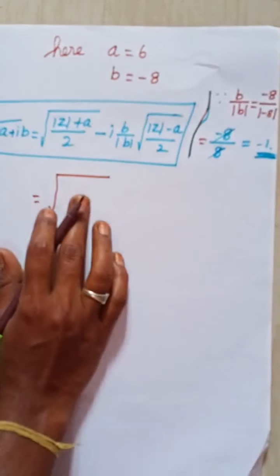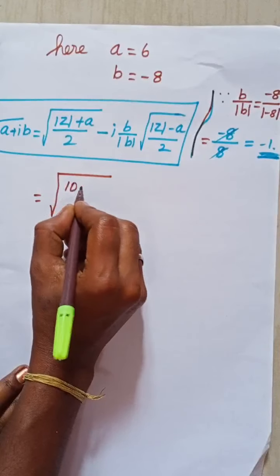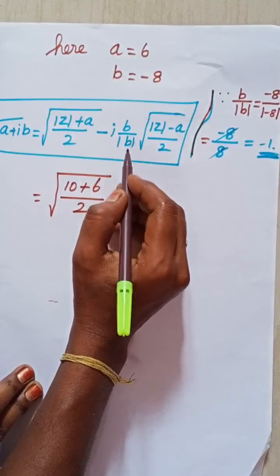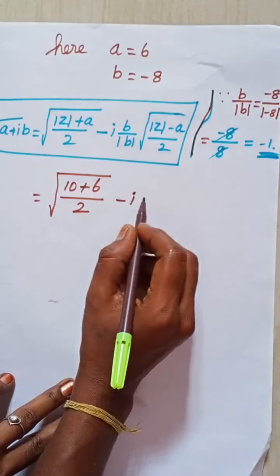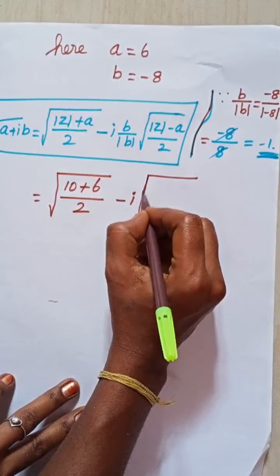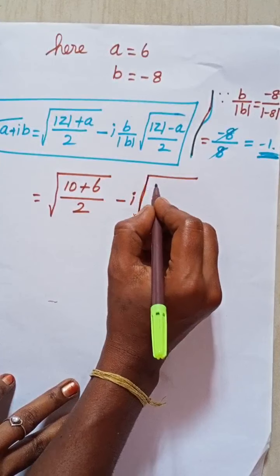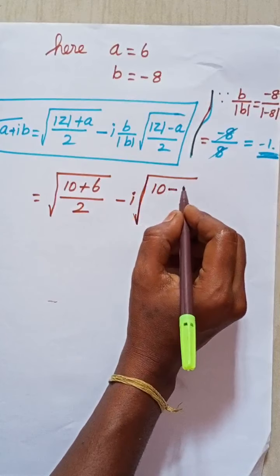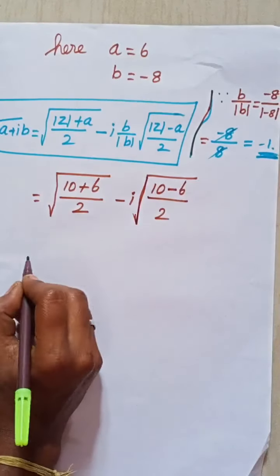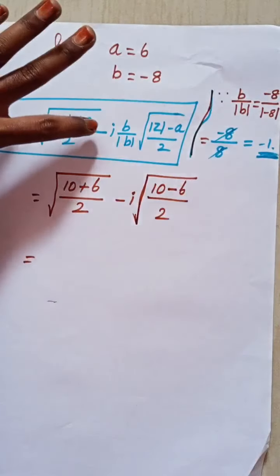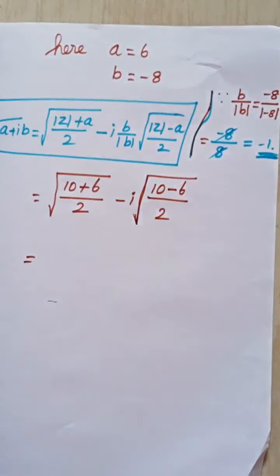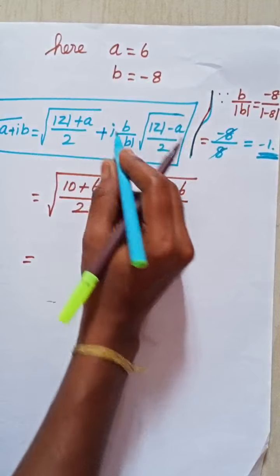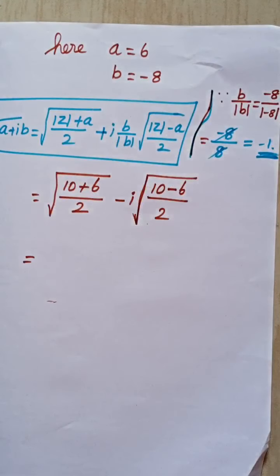Now write: modulus z is 10, plus a is 6, by 2, minus i into square root of (10 minus a, which is 6) divided by 2. Since b by modulus b is negative, we write minus i directly; minus 1 into i gives minus i, both are the same.